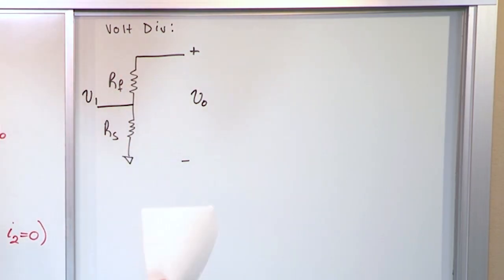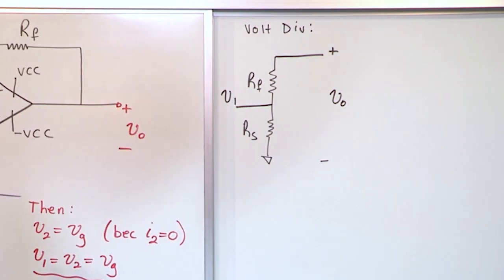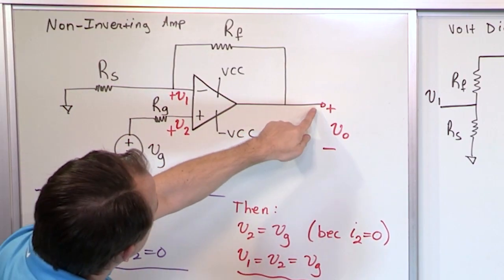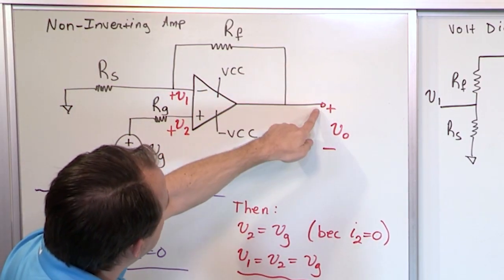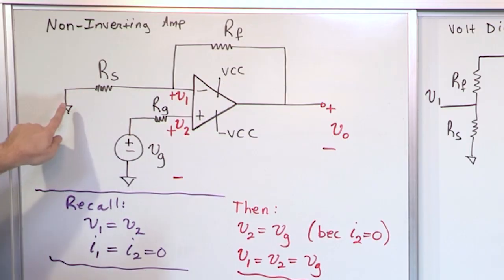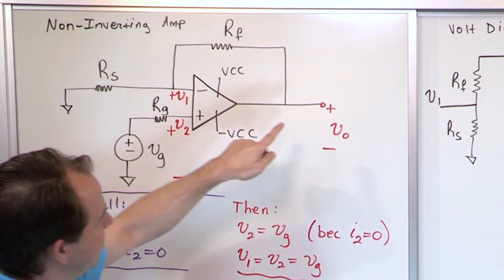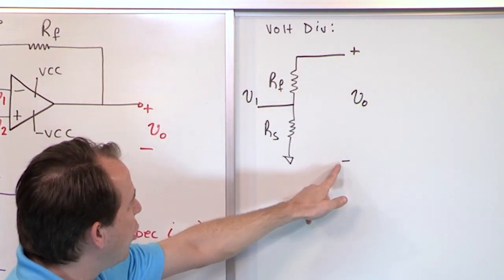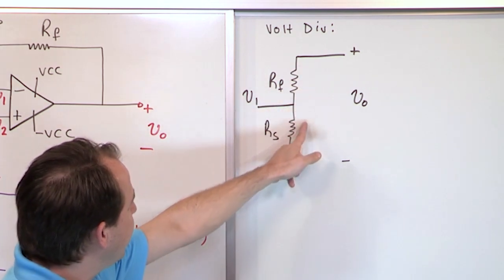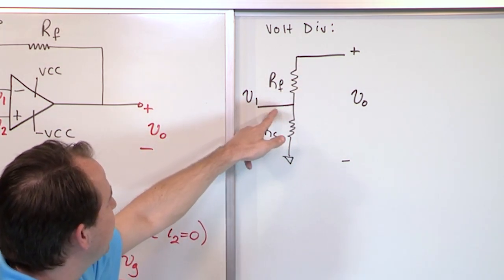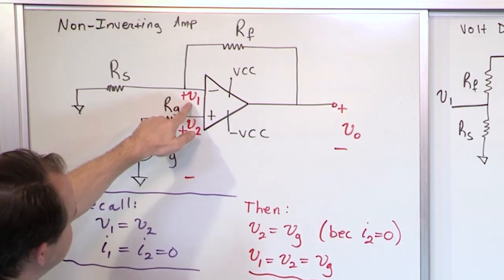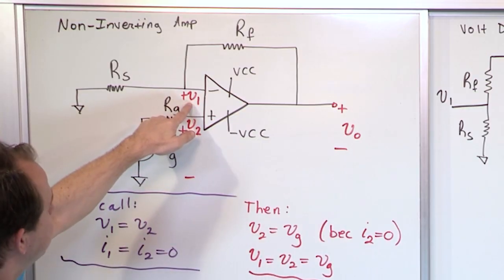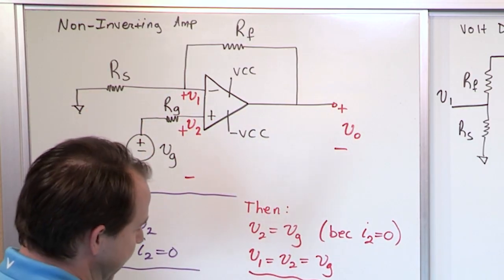You need to be able to look at these two things and see that they're the same thing. If you look sideways, the voltage at the far end of the RF is called V0. That goes all the way to ground, which means it connects across both resistors. That's why V0 goes from here all the way to the bottom and across both resistors. The only thing is, right in the middle between these two resistors is something we're calling V sub 1. So when you look sideways, you should see that.